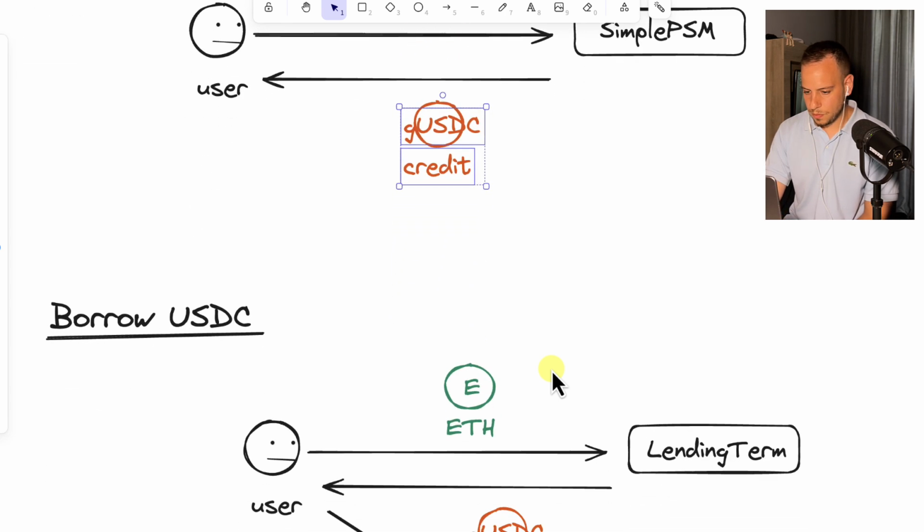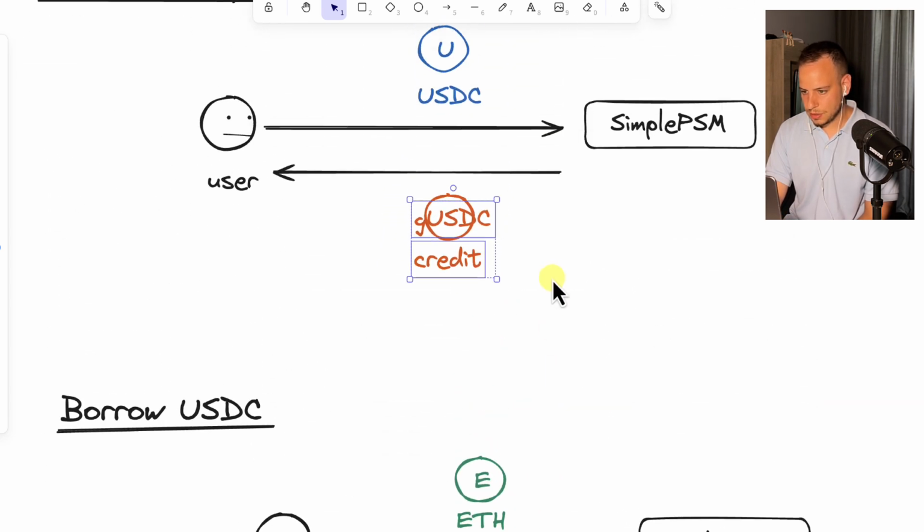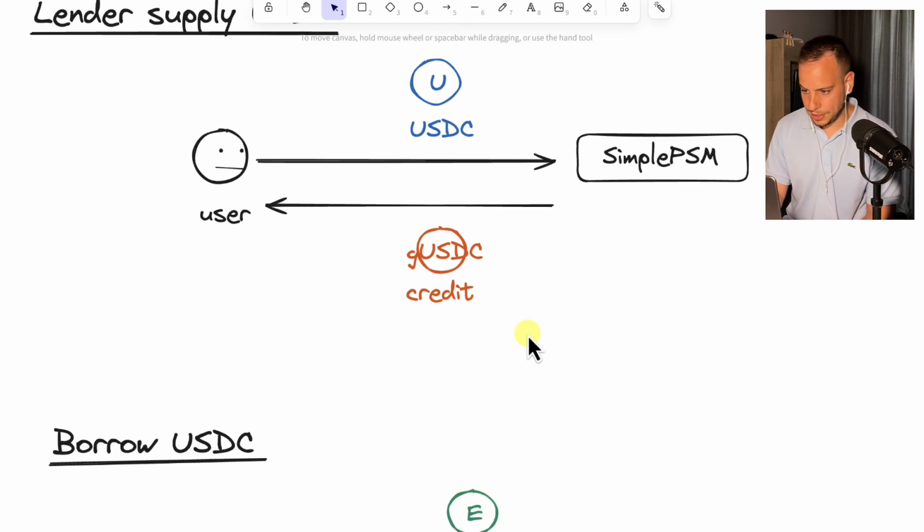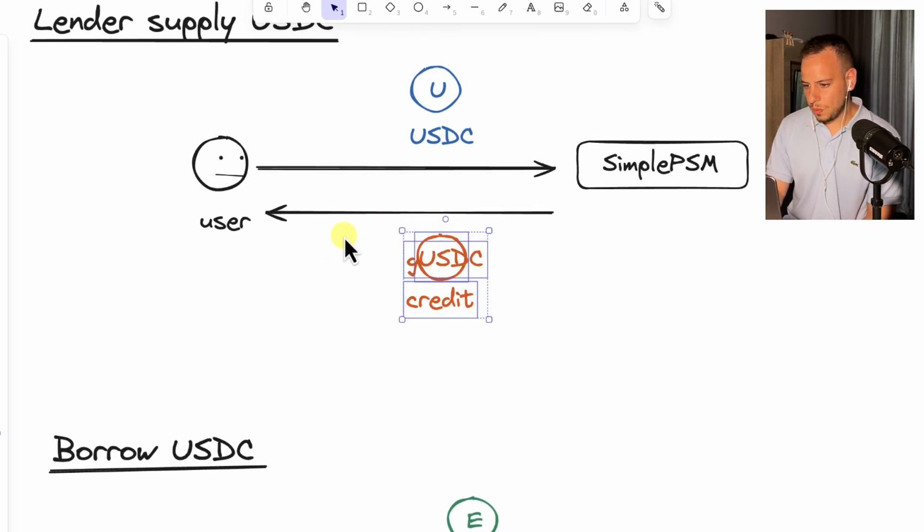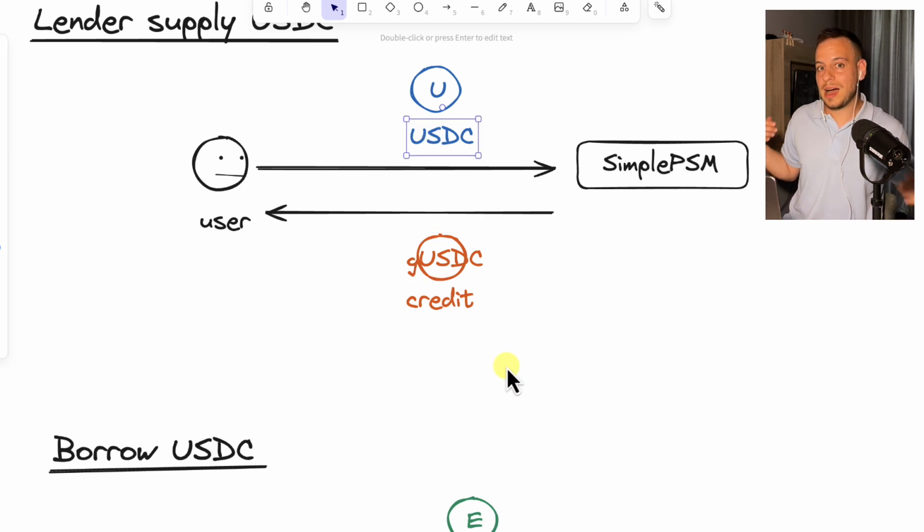Exactly. So why is it important? Because these credit tokens accrue interest or yield, right? But their value is always supposed to be tied to the collateral token. So you might ask, how is this yield or interest being paid to the lenders? By rebasing.